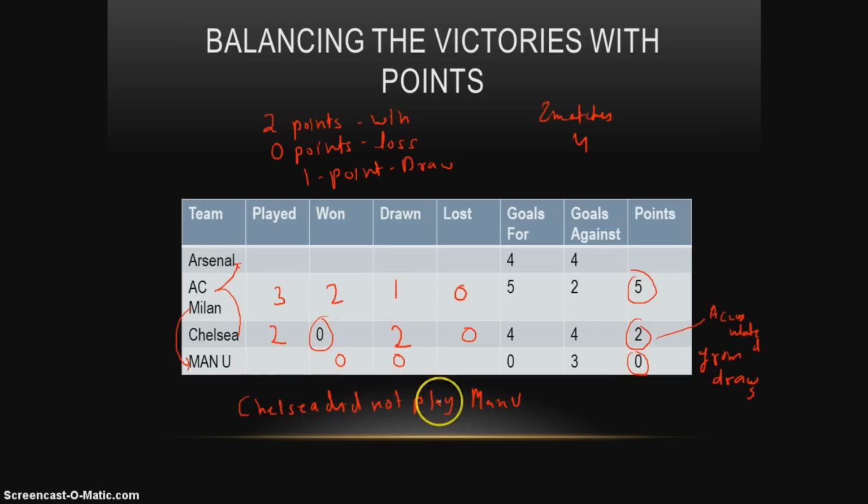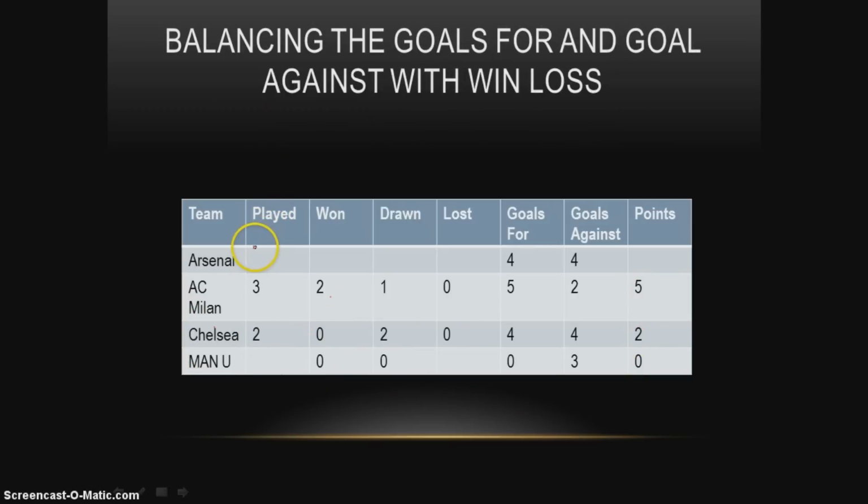We know that Man U did not play Chelsea, that is right. But we don't know whether Man U has played just 1 match, or 2 matches. So this is still a mystery. But what we can definitely say is that Man U has not won any match and not drawn any match. So this is the table we have now.